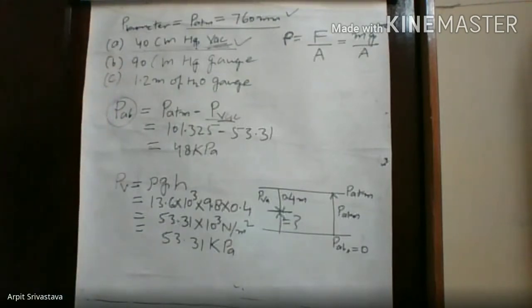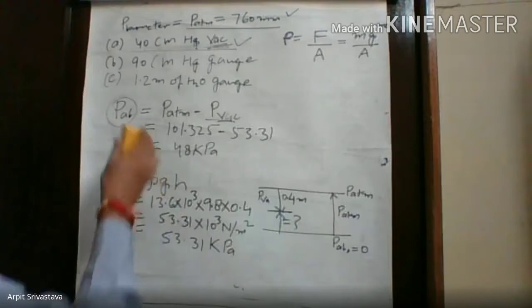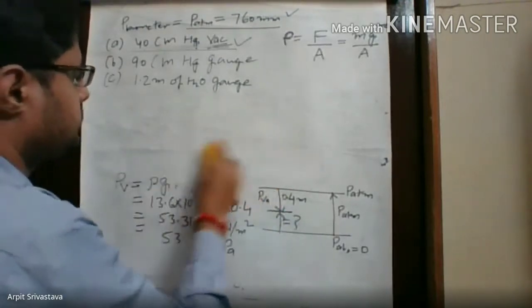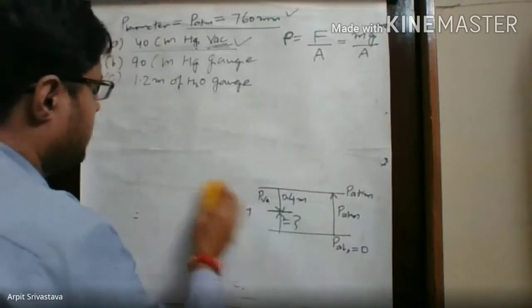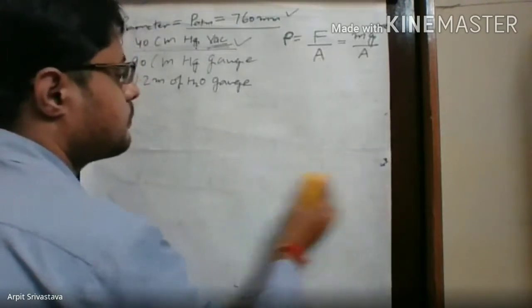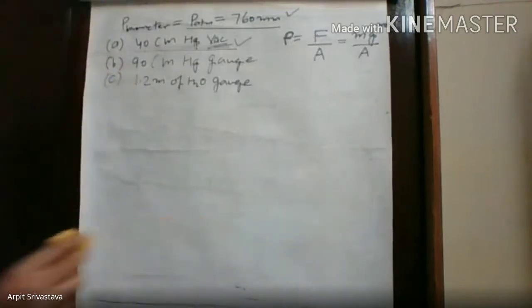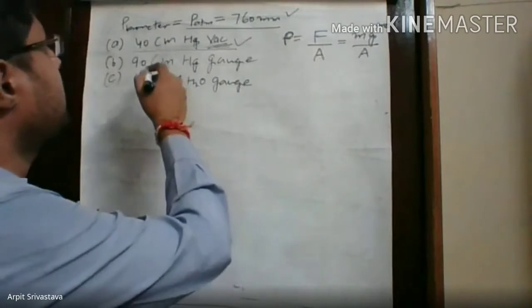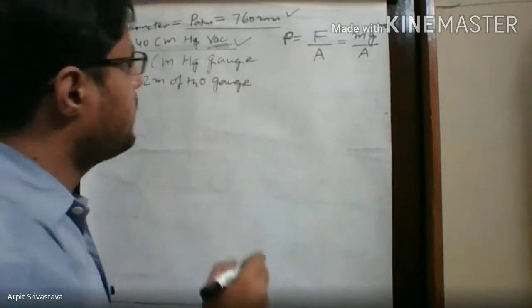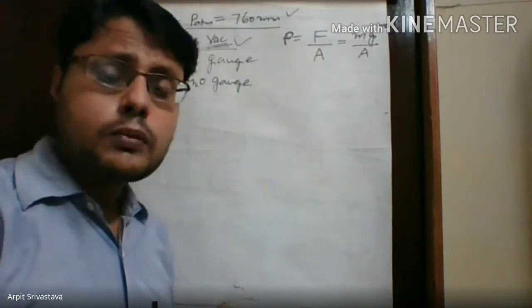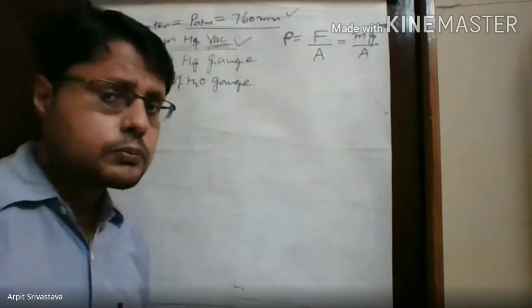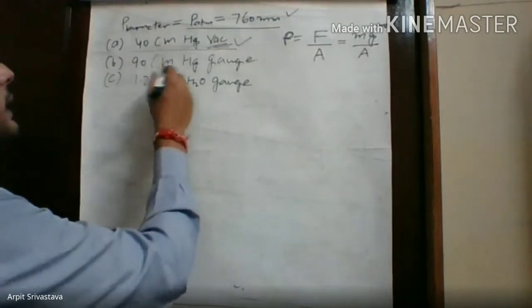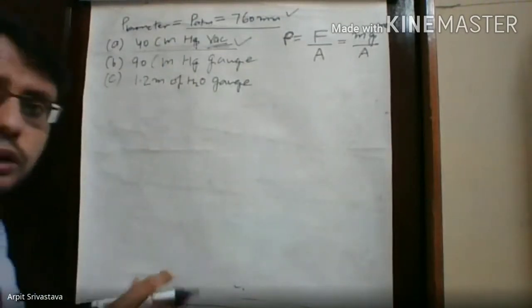Now we move to the second part of this problem. Here we have to convert 90 centimeter Hg gauge pressure into a kilopascal value. Firstly, you convert this 90 centimeter Hg gauge into kilopascal.